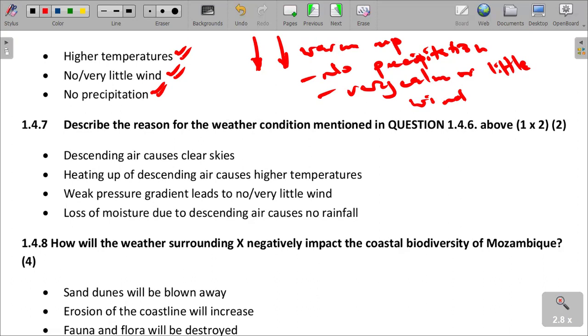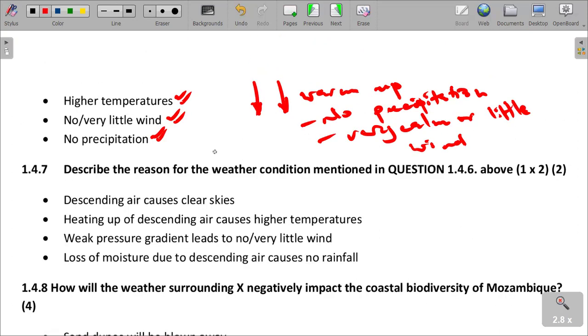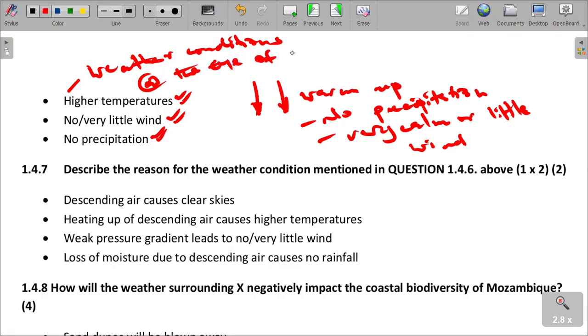These are the weather conditions at the eye of a tropical cyclone.